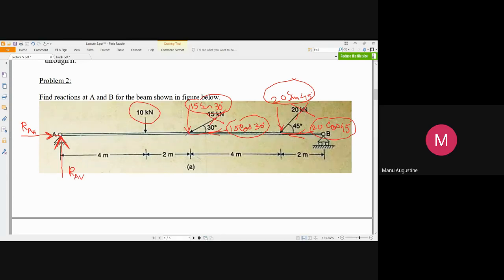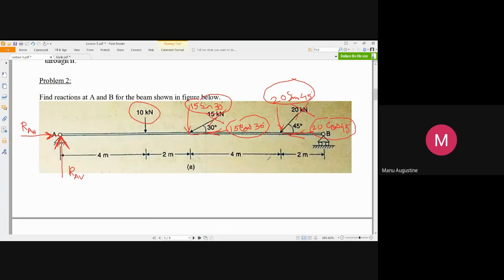But in case there are a lot of horizontal components, some in the left direction, some in the right direction, and you might feel confused, how do I know the eventual reaction would be in the left direction or the right direction? In that case, you randomly pick any direction and put it there. Once we solve the equations, you will automatically come to know whether the direction that you chose was right or wrong.